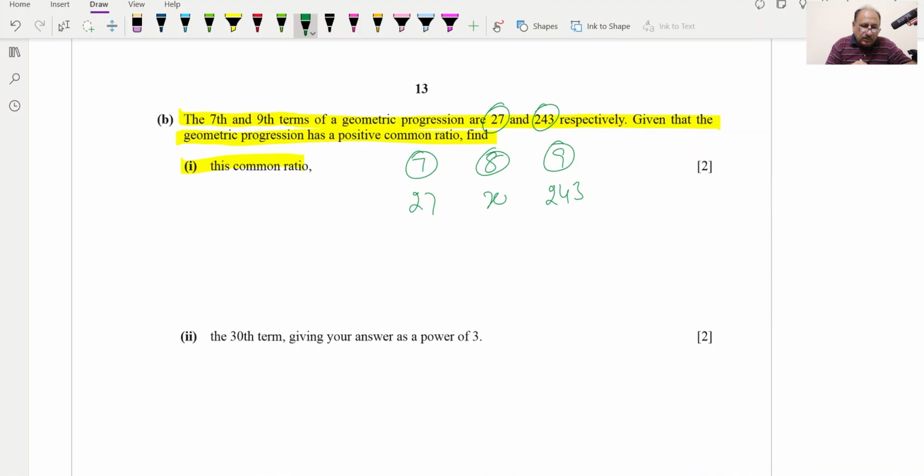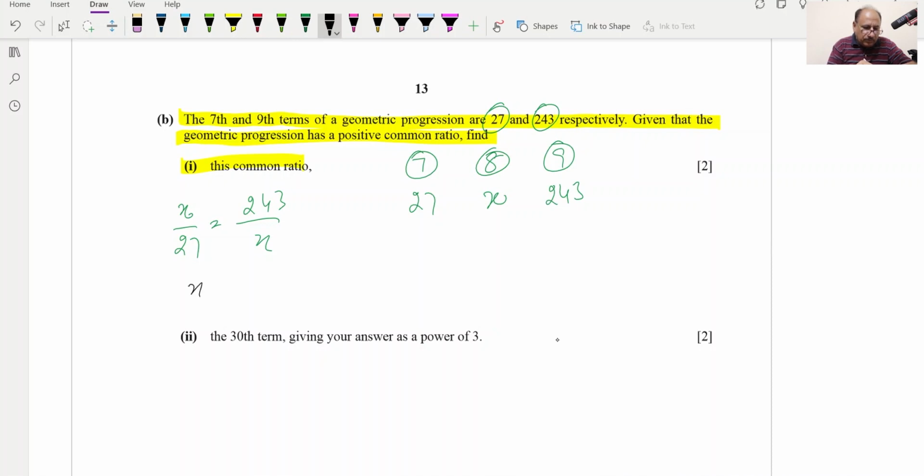And common ratio is second term divided by the first term, so it will be x over 27, and this will be equal to 243 over x. This will be the equation which we formed.